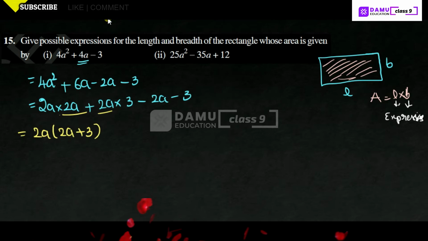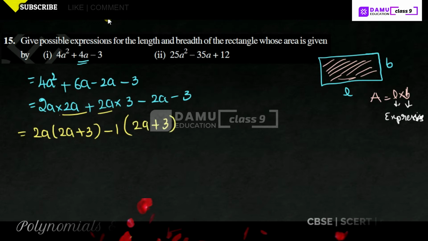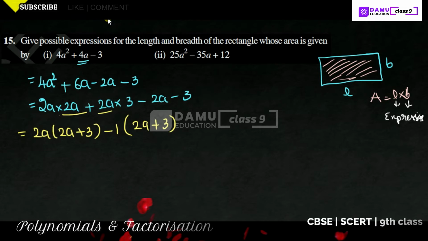Here let's take minus 1, because 2a into 1 is there actually. So 2a plus 3. Because here minus into 2a is minus 2a, and minus into plus 3 is minus 3. So 2a plus 3 is common: 2a plus 3 into 2a minus 1.